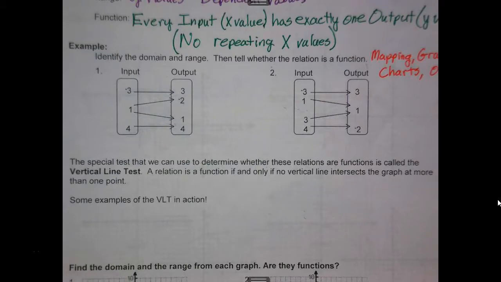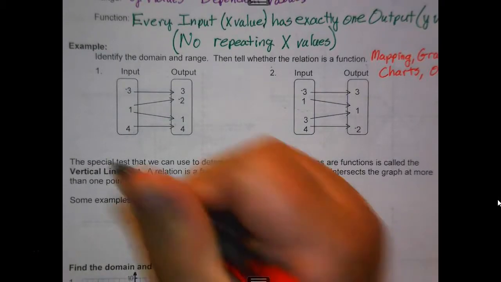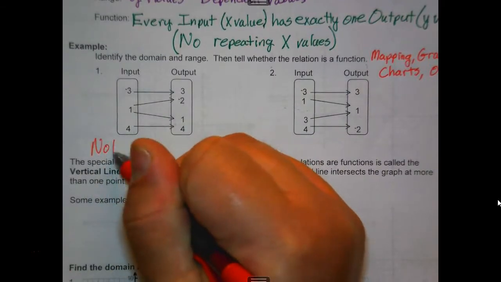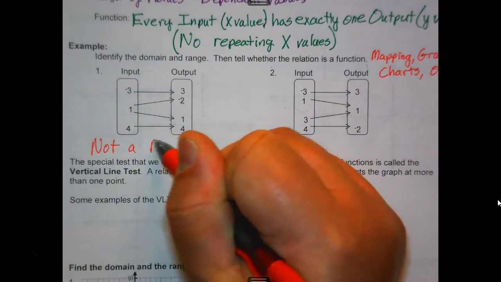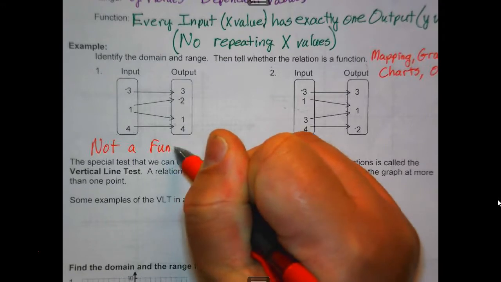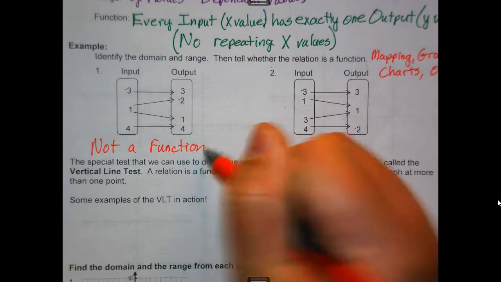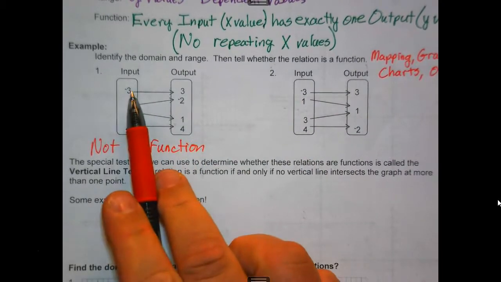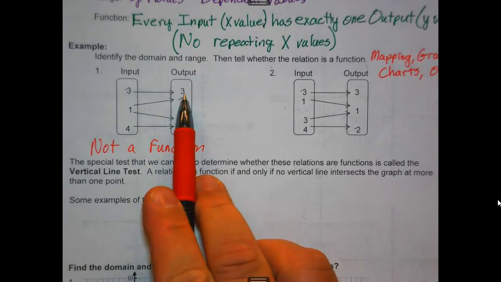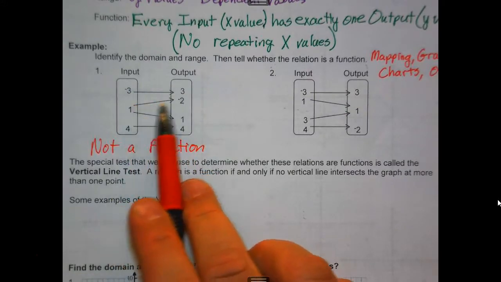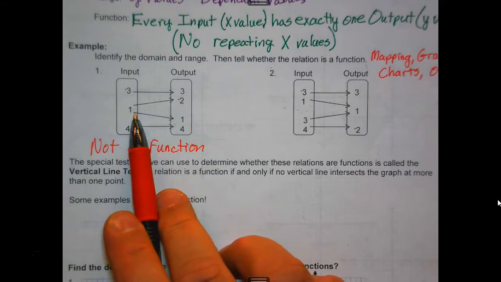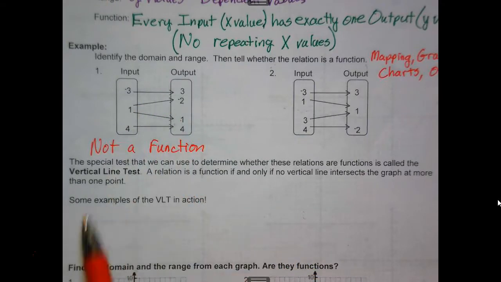No. Not a function because, let's see, -3 goes to 3, 1 goes to -2, 1 goes to 1. So I'm repeating 1. I'm repeating the x value, so it is not a function.